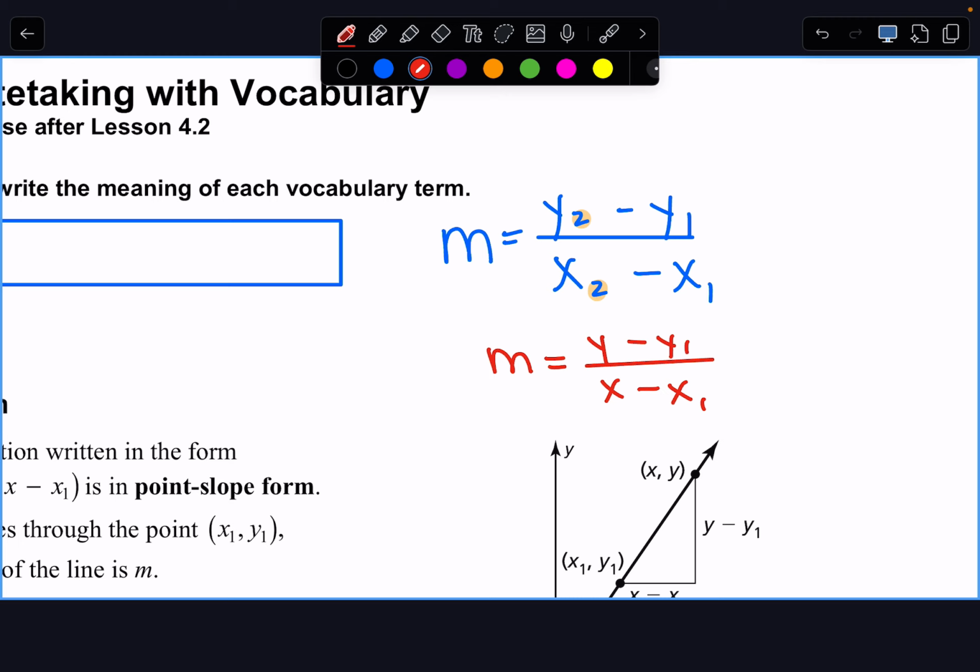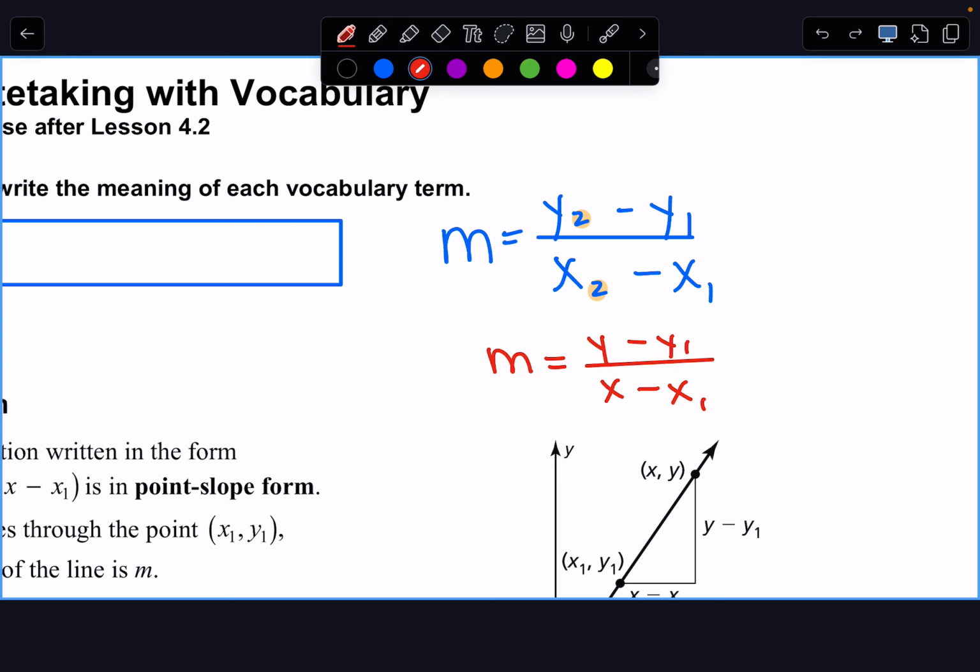Well, I want y minus y1 to stay. What would I need to do with this number? How do I get it so it's not in the denominator anymore, Em? With what operation? Phone a friend, Connor? Multiplication. Okay, so let's see what that would look like.